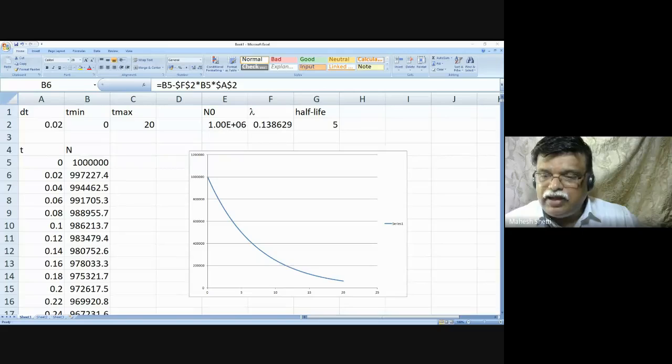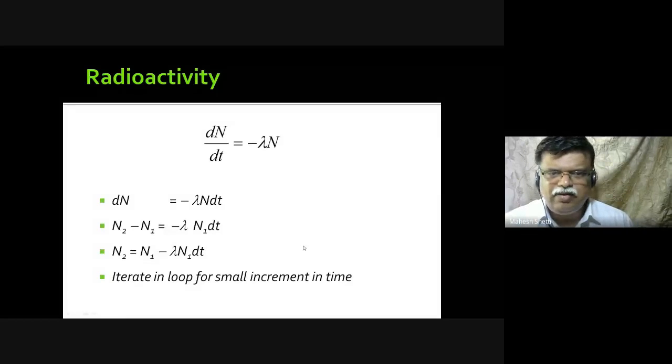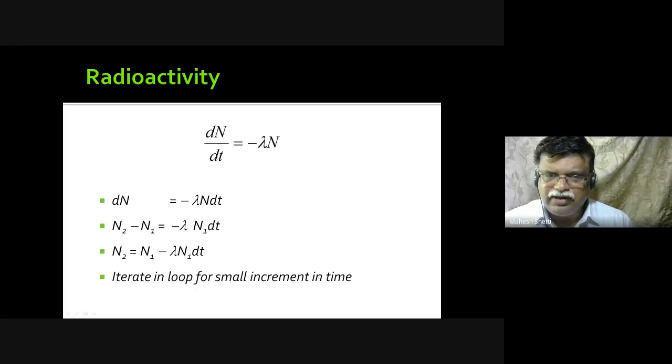Okay, so let me shift back to the presentation, and we go to a slightly more involved problem, because this was probably a relatively simple problem, but it is a useful illustrative example, I would still say.